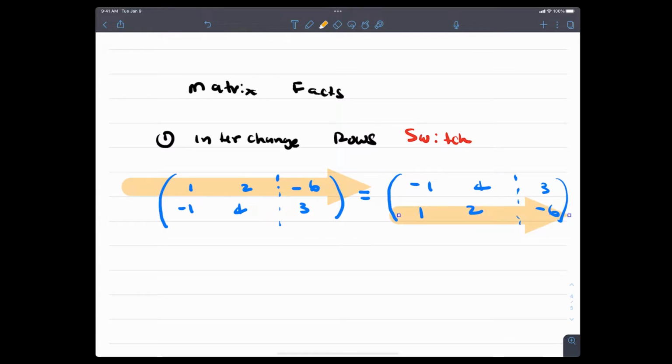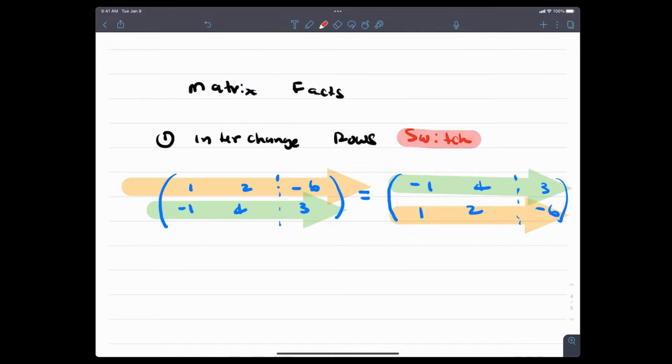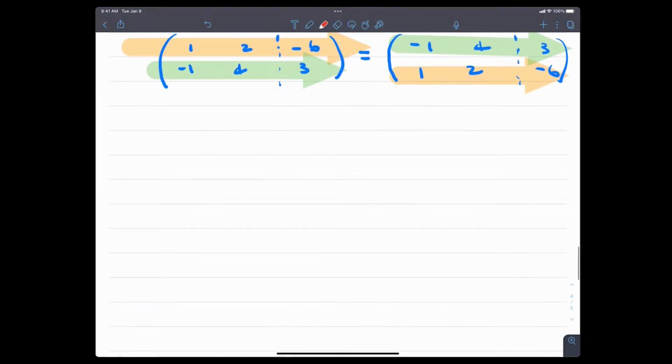It's down here. Here's my row 2. Where is it now? Up here. So what did we just do? We switched the rows. Okay, so that's one thing we could do, interchange our rows.